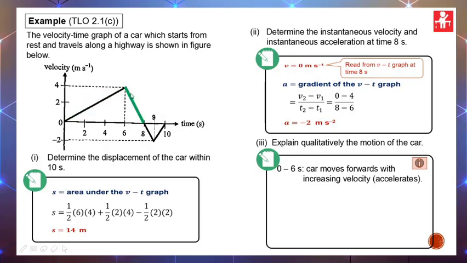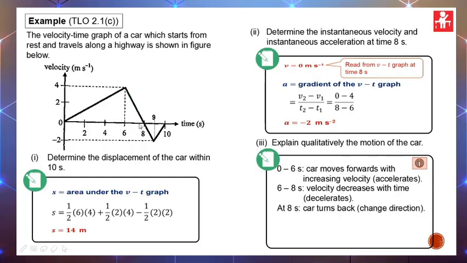Next, from 6 seconds to 8 seconds, the velocity decreases with time and you can see the negative slope over here, which indicates the deceleration. Next, at 8 seconds, the car turns back, so it changed direction. From 8 to 9 seconds, the car accelerates in the opposite direction. And lastly, from 9 to 10 seconds, the car decelerates and finally stops.